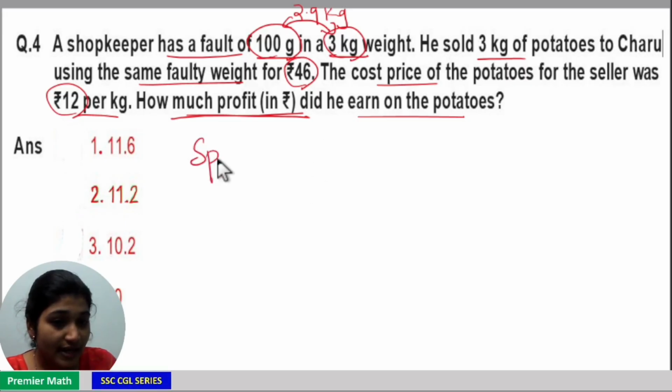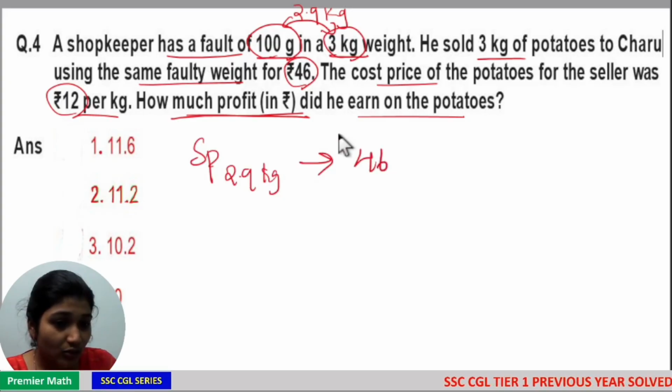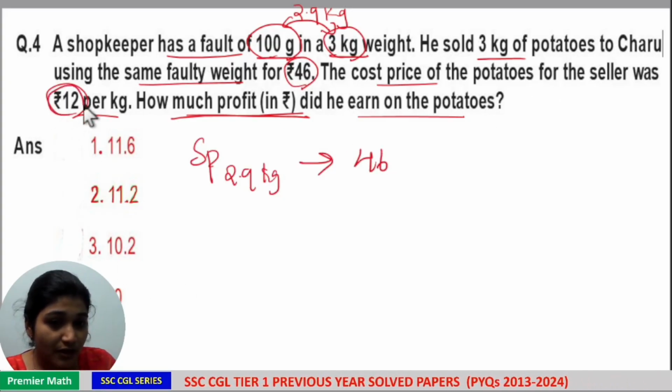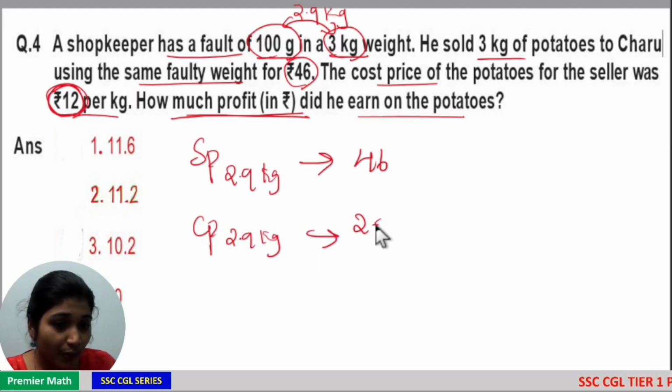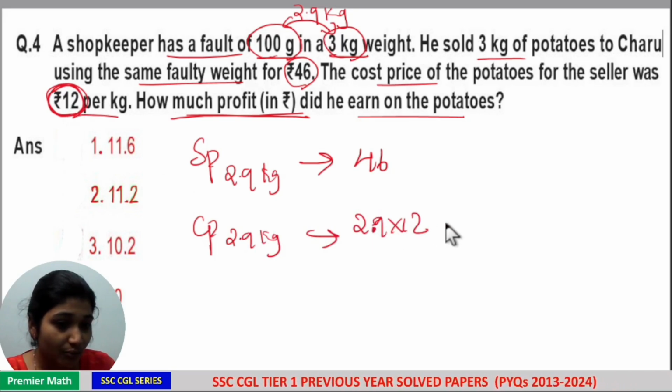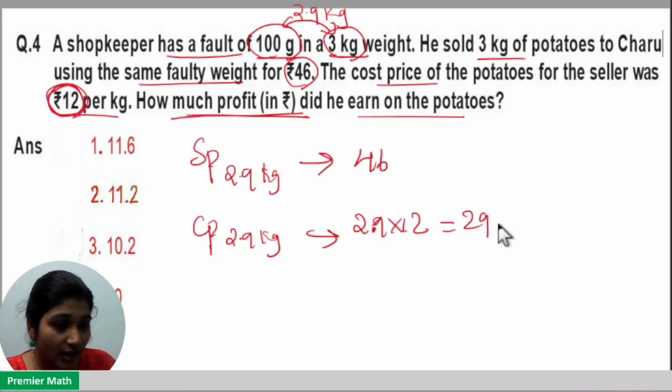So, selling price of 2.9 kilogram is equal to 46 rupees. And the cost price of potatoes per kilogram is 12 rupees. Then cost price of 2.9 kilogram is equal to 2.9 into 12. For 1 kilogram it costs 12 rupees, means for 2.9 kilogram it costs 2.9 into 12. 2.9 into 10 is 29 and 2.9 into 2 is equal to 5.8.